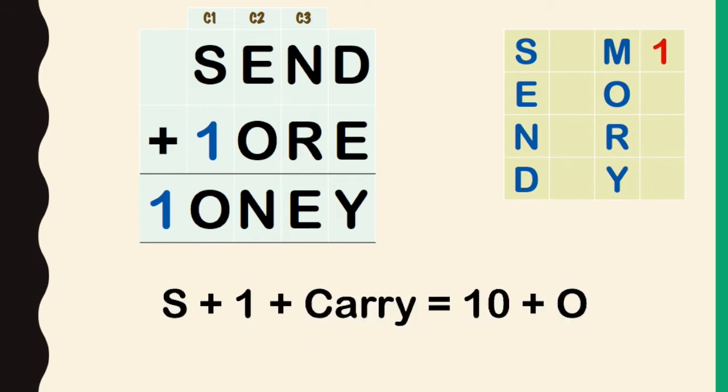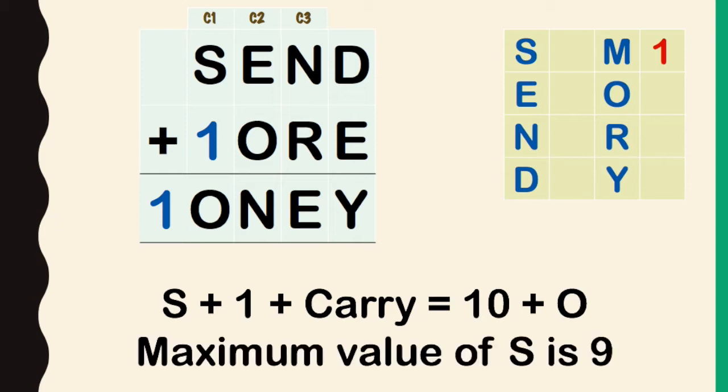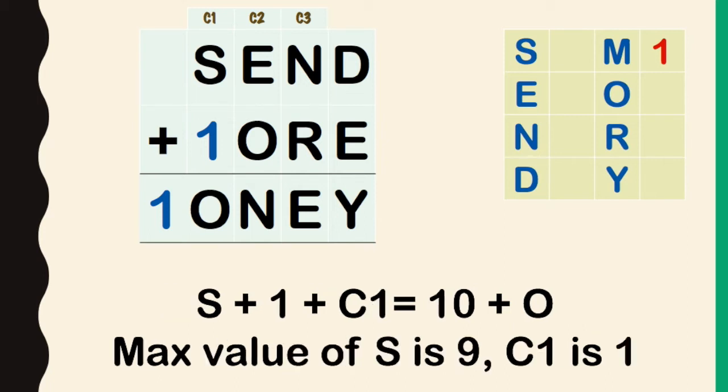Now if you look at this equation here, we know S plus 1 plus the carry, which is C1, is equal to 10 plus O. Now we know that the maximum value of S is 9 and the maximum value of C1 is 1. We have discussed this.